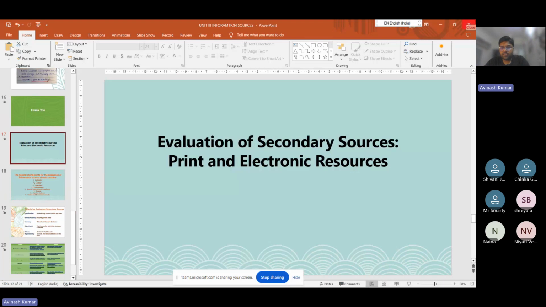Why is evaluation important? Because of the authentication problem. Suppose you are registered in a PhD, and you don't have an idea which kind of sources to include in your research paper, your dissertation, your thesis, and which sources you want to collect information from, so that you can rely on them, but you have no idea which kind of sources to rely on.